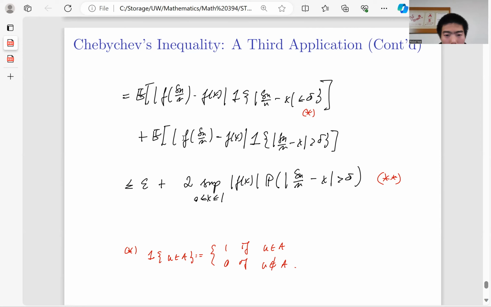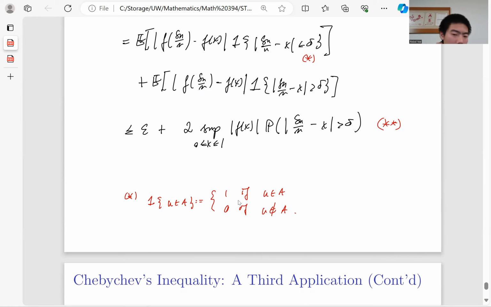So we can double the supremum norm, and the doubled supremum norm will also be greater than the absolute value of this term here. So instead, we can say it's smaller or equal to 2 times the supremum norm of f times the probability given here.